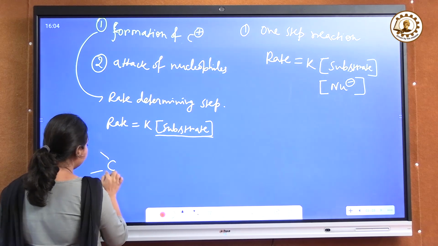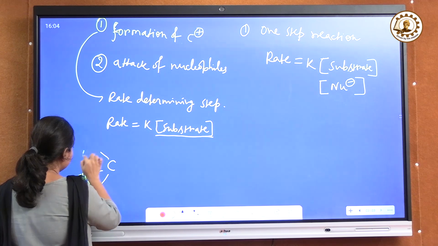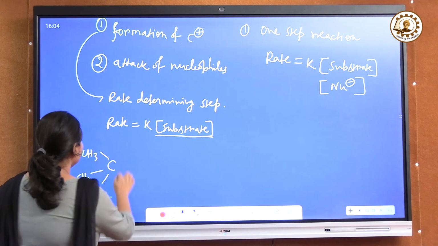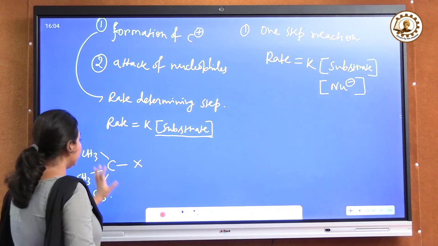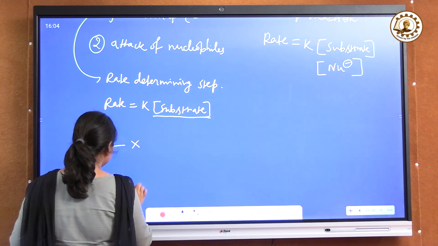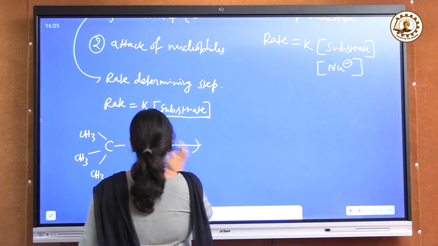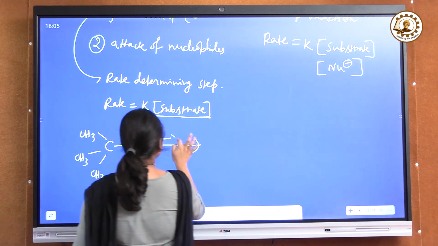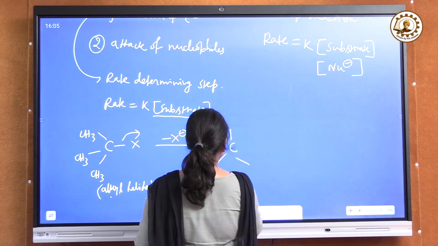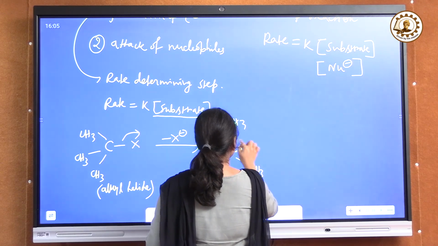Now, what happens in case of SN1? Formation of carbocation is the most important step, the rate determining step. Let's say this is an alkyl halide. So the first step will be departure of the leaving group, thereby giving us a carbocation.